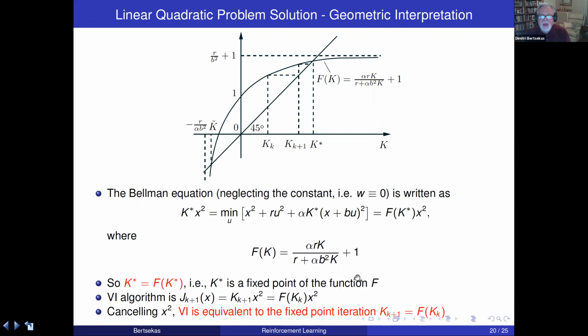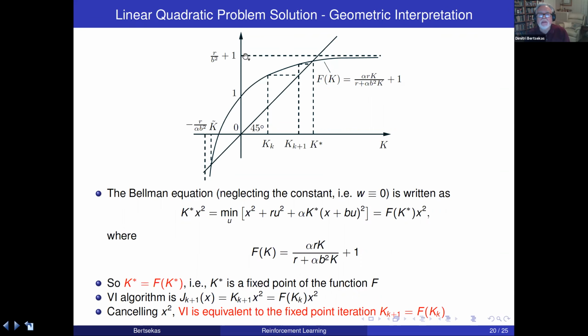Let's look at this function f of k. Okay, I have drawn it here. This is the function f of k. It is concave. It approaches an asymptote as k goes to infinity. Okay, this is very easy to see from this formula.